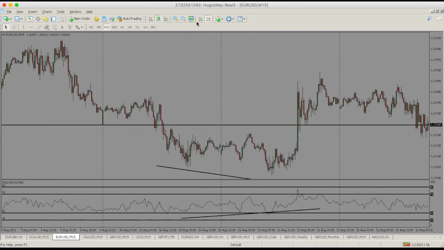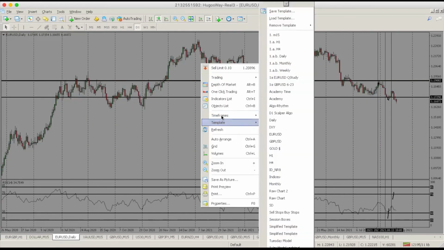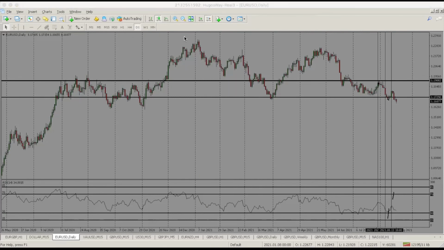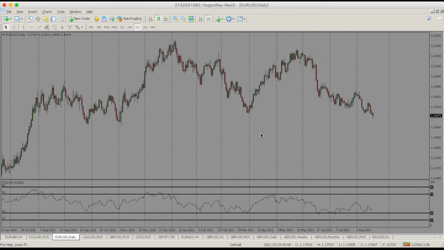Let's see, let's go over one on the daily. So let's look at just the most recent one. So right here. I guess if we do most recent, it'd really be this one here. It's the last time it hit.